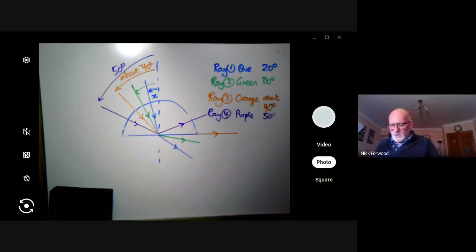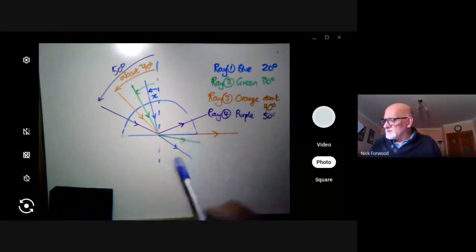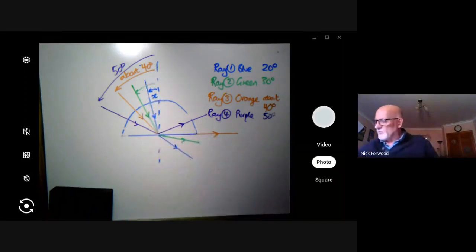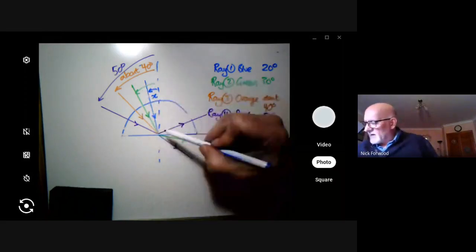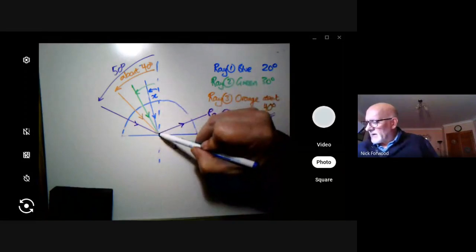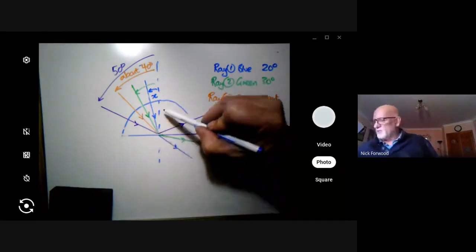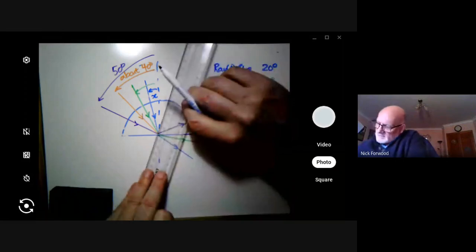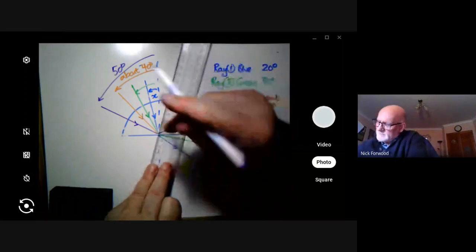And if you're wondering why don't we just call it internal reflection, the total bit is due to the fact, and I haven't put this on yet, that when this blue ray 1 comes out, there will be a small amount of light that is reflected back up here from the blue ray, and it will be quite faint.